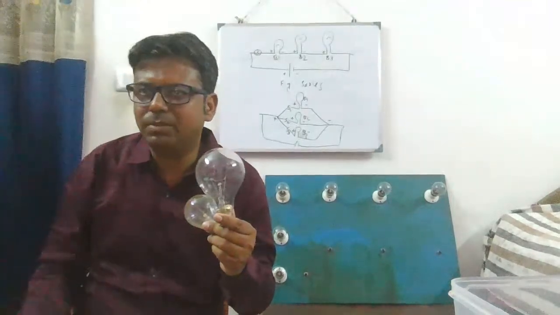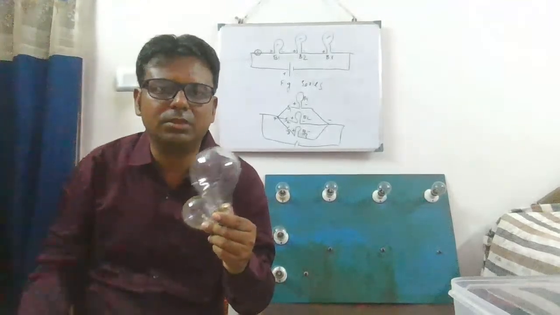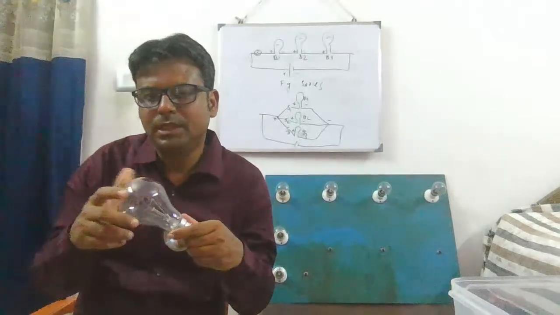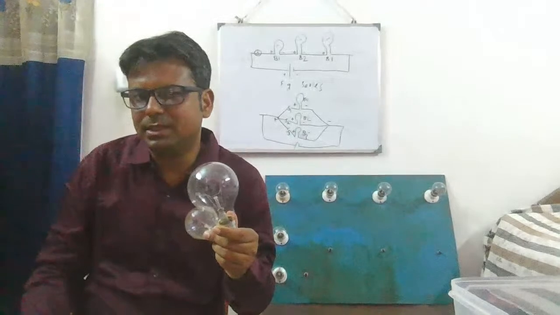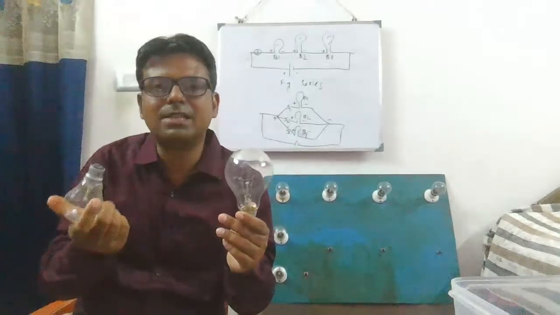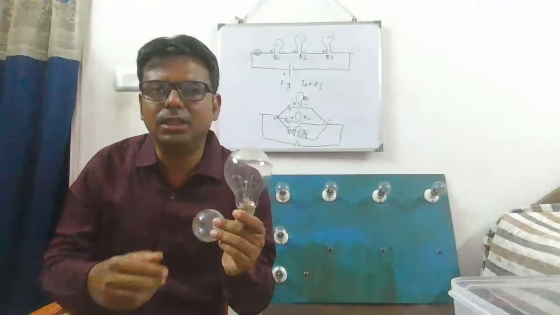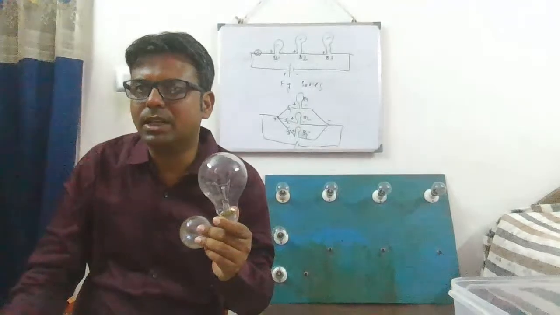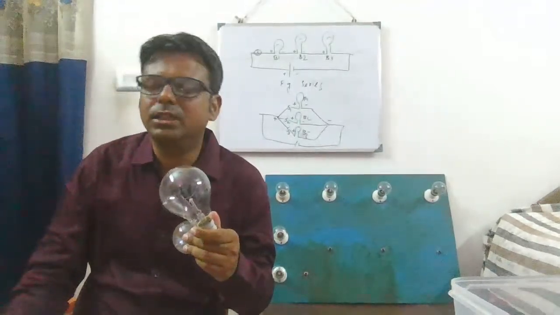If a 100 watt bulb is not sufficient to read or write, then we use a 200 watt bulb or more. We never use a less powerful bulb.